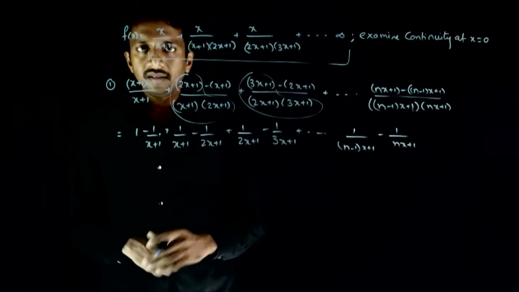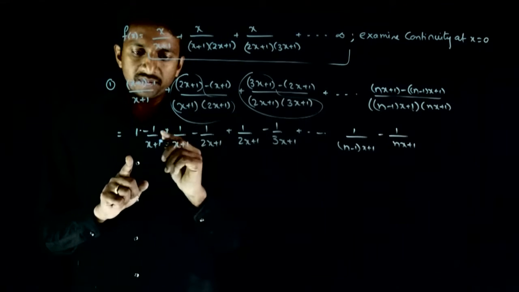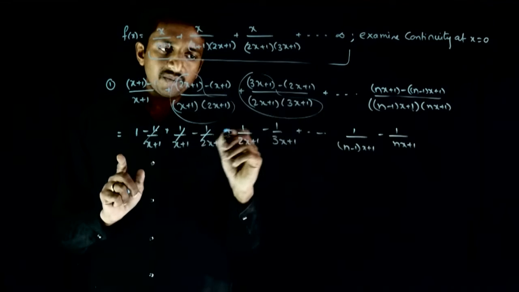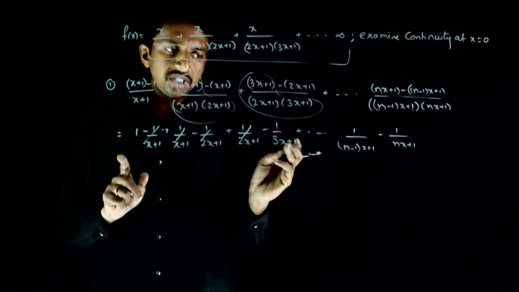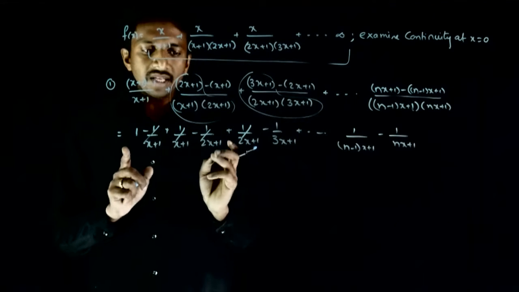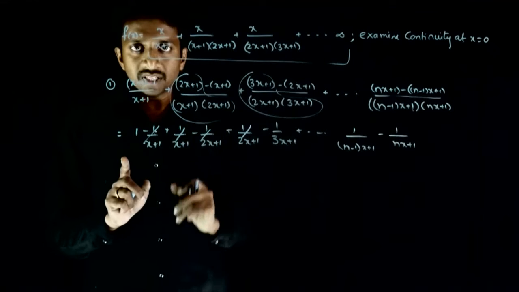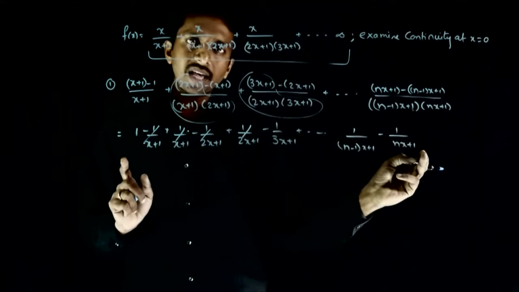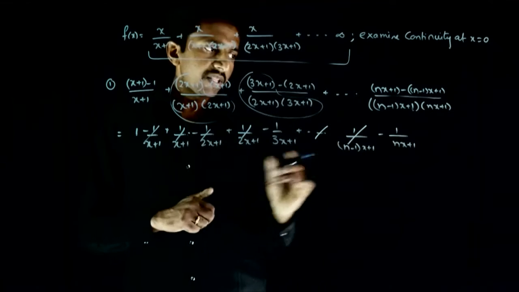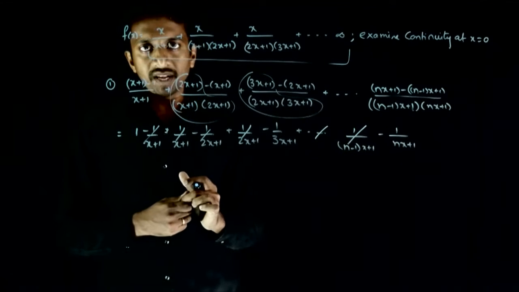Now if you see, if I go till two terms, this term and this term are getting cancelled. If I go till three terms, this term and this term are getting cancelled. So when going till the third term, 1 by 3x plus 1 is being left out. Going till the second term, 1 by 2x plus 1 is being left out. So on. Going till the nth term, minus 1 by nx plus 1 will be left out.